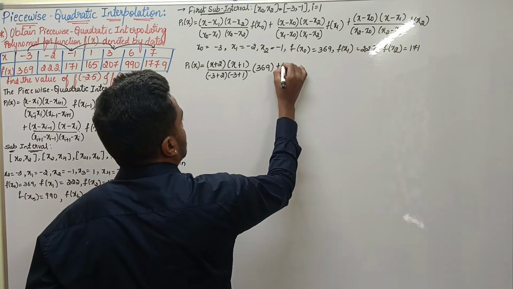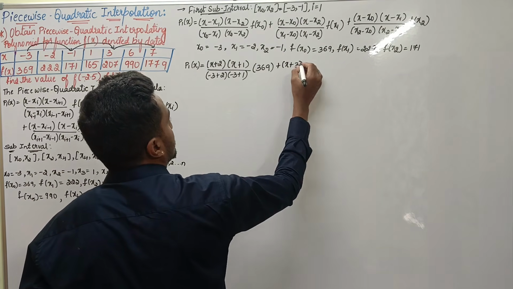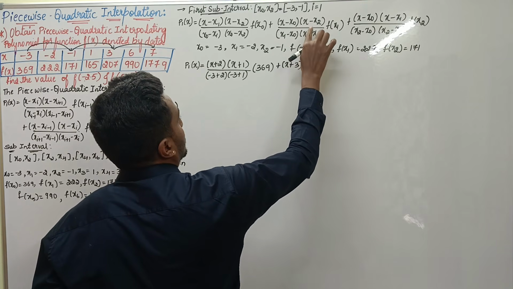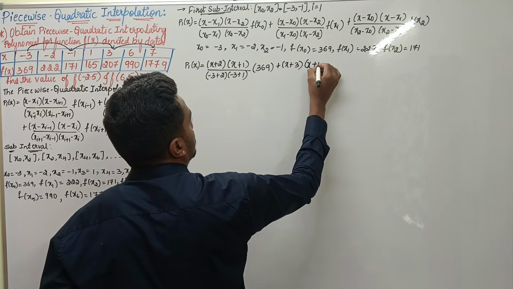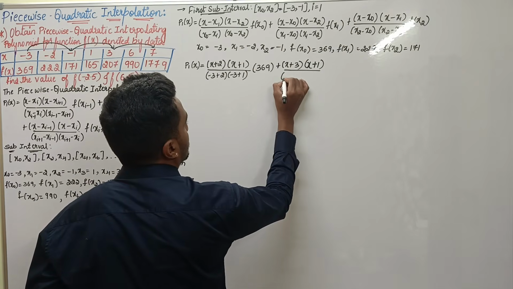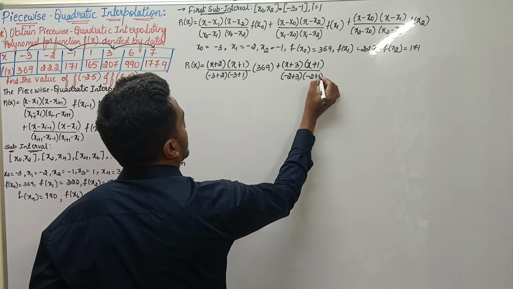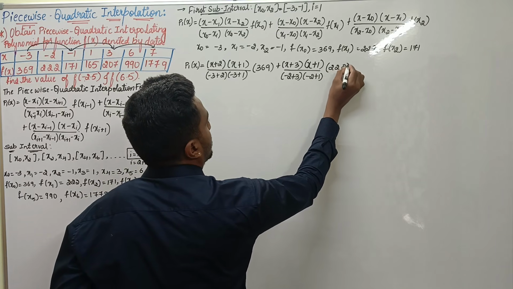Now plus (x minus x0, that is plus 3) (x minus x2, minus into minus plus 1), whole divided by (x1 is -2, so -2 plus 3) (-2 plus 1) into f of x1, that is 222.